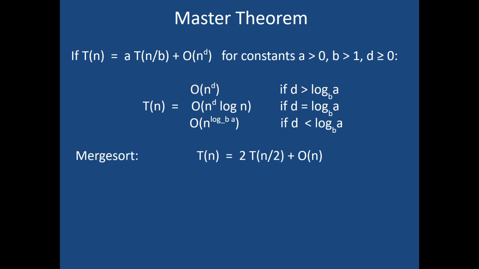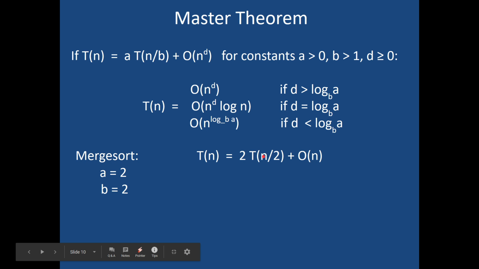Merge sort. What's A? 2. B is 2. So the A comes from right here. The B comes from here. Be careful. Okay? Sometimes, what if it said 3n divided by 2? It would be 2 over 3. So the way to do it is you're multiplying n by a half.